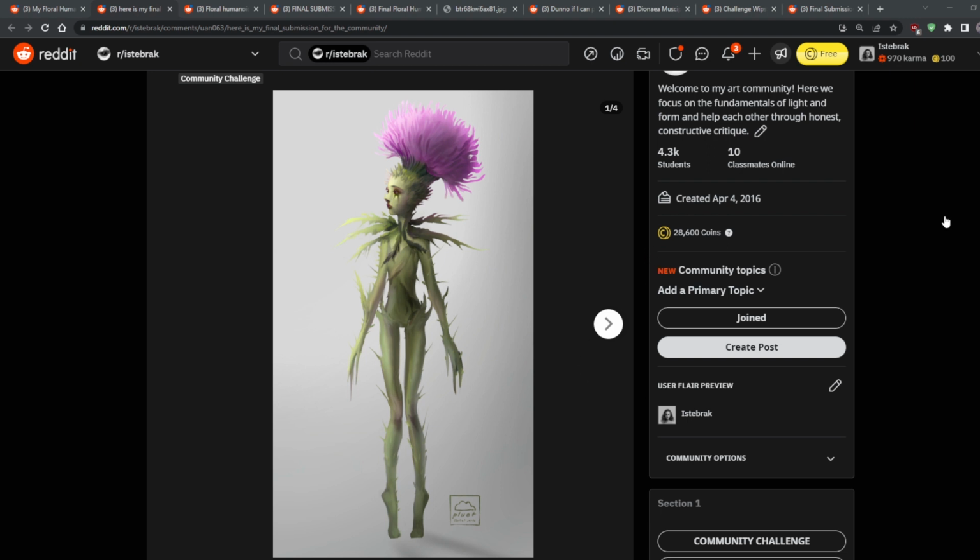Okay, so this one still had a lot of that human aspect to it, but I really like how the spikes actually come out of it. They don't behave like additional layers on top.